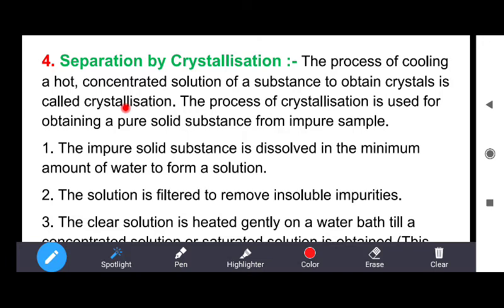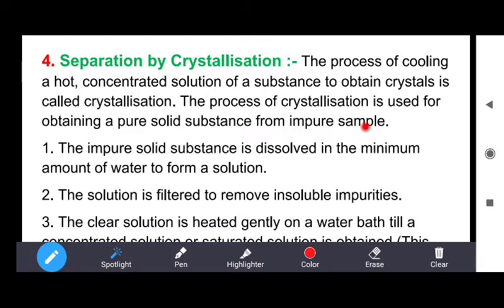Means when you cool a hot concentrated solution of a substance, the formation of crystals of that substance is called crystallization. The process of crystallization is also used for obtaining a pure solid substance from an impure sample.